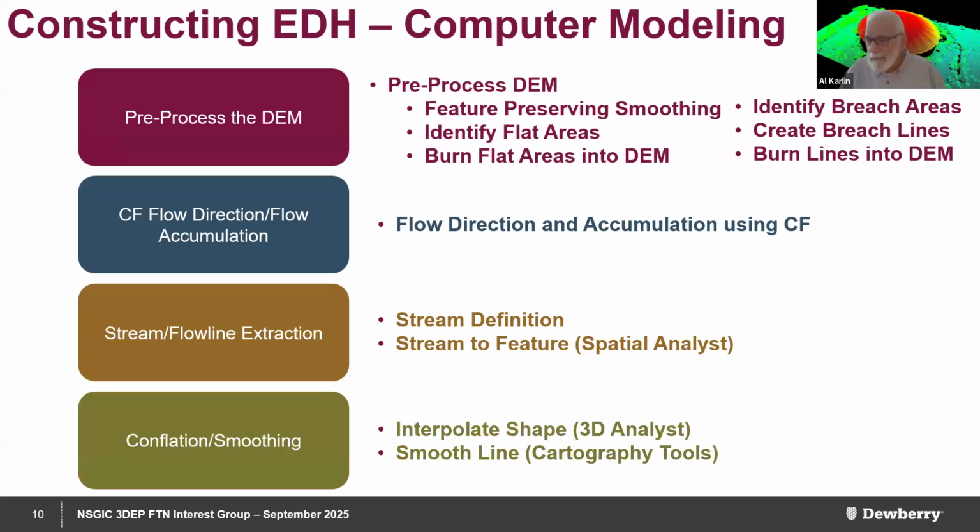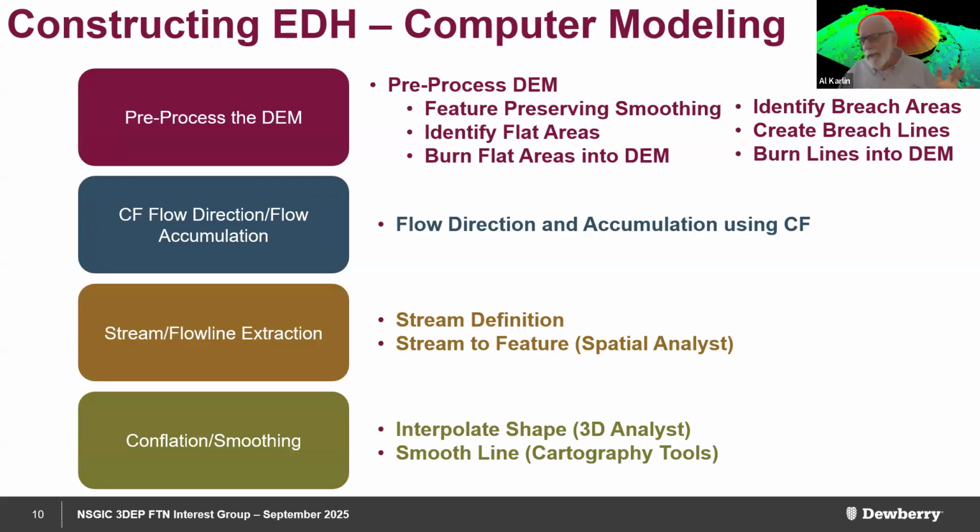And then last but not least, we designed some real specific tools to interpolate those 3D elevations onto the lines that we're generating, and smoothing tools in the cartographic toolset to keep those lines in the channel even while we're smoothing them. So these are all new tools that, like I say, are available in ArcGIS Pro 3.5 and above.